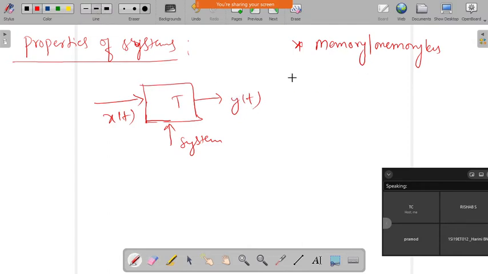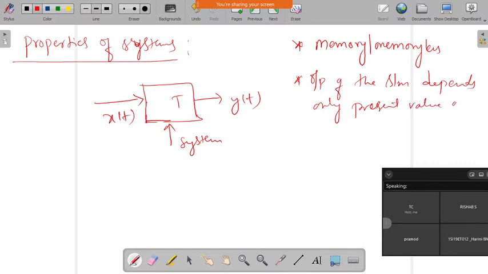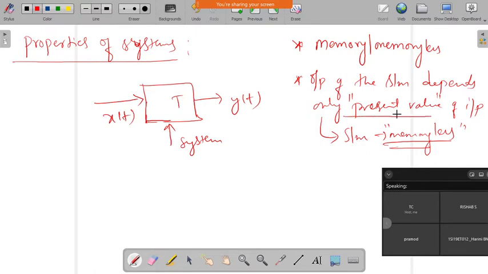If the output of the system depends only on the present value of the input, then that system is called a memoryless system.